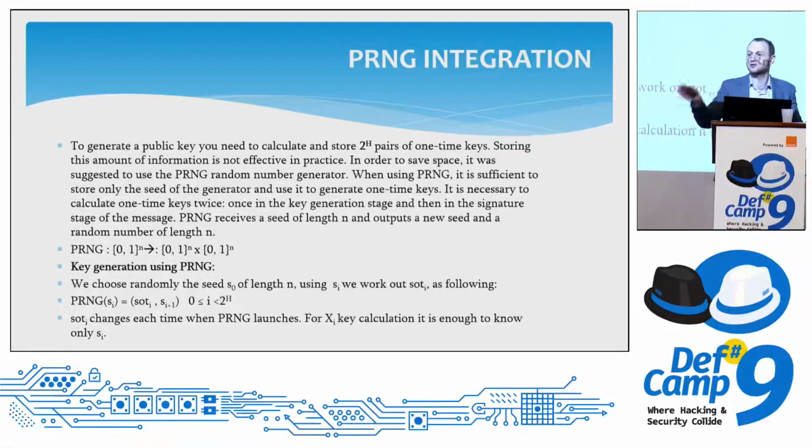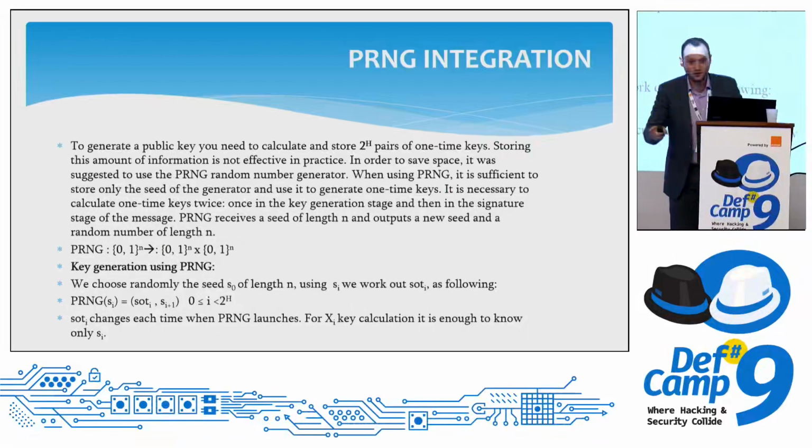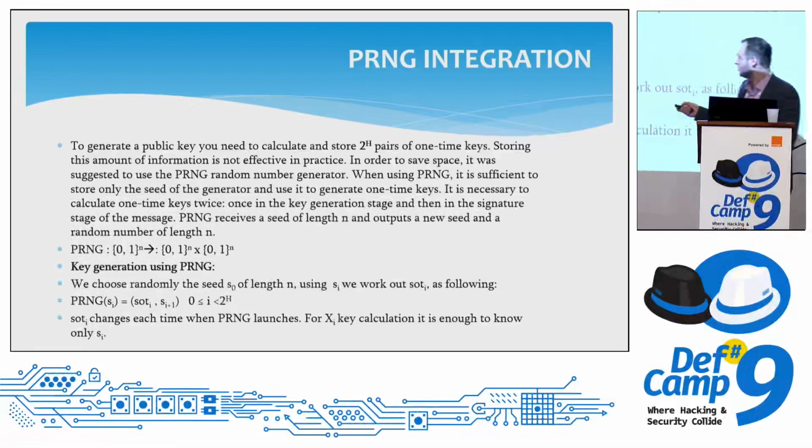Afterwards, we apply the pseudo-random number generator to the seed and get the next seed and one random number. So here is how it works: it's applied to our seed, we get the new seed and one new random number, yes? Here it's illustrated. I have the seed, I get the new seed, and I calculate all these x, y's.